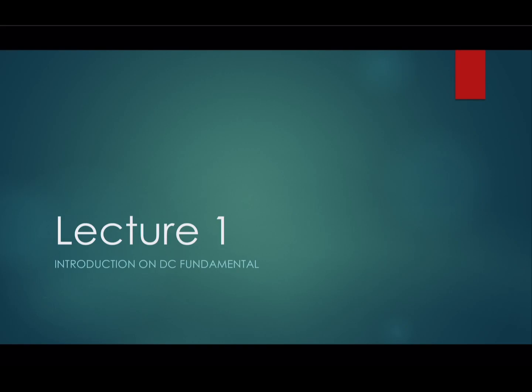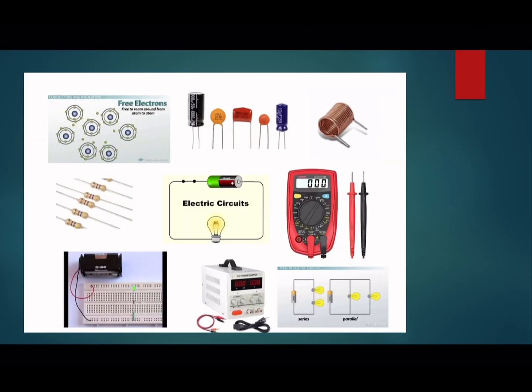In today's lecture, I'm going to talk about an introduction to DC fundamentals. So these are the basic components in a DC circuit. We could have a capacitor. This is a resistor. And this is a series circuit.